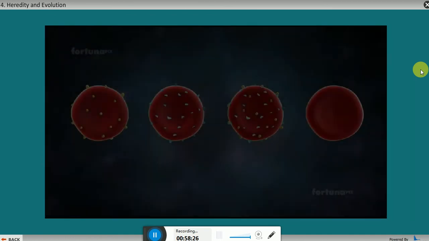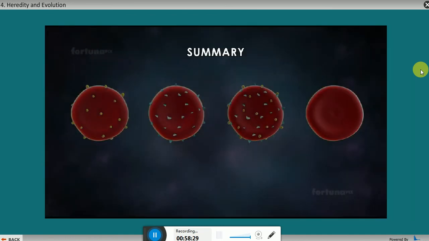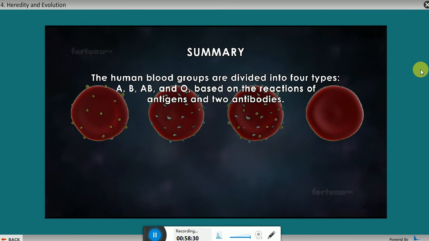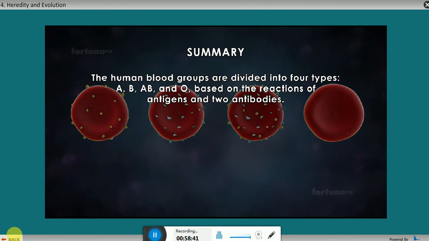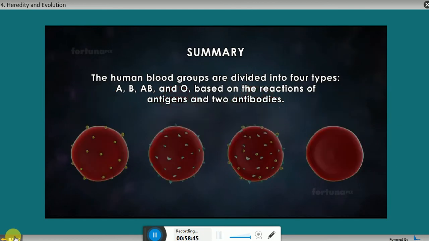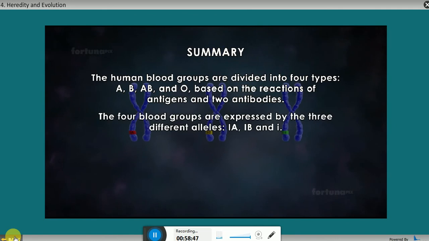Summary. The human blood groups are divided into 4 types: A, B, AB, and O, based on the reactions of antigens and 2 antibodies. The 4 blood groups are expressed by the 3 different alleles IA, IB, and i.